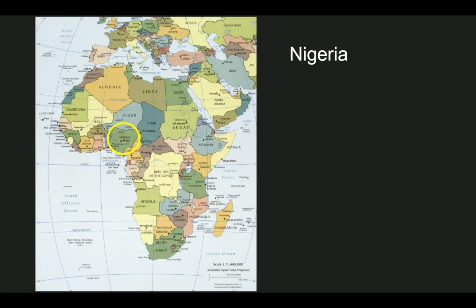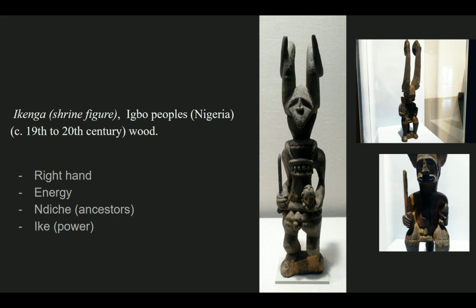Let's head to Nigeria, where we're looking at the Ikenga shrine figure of the Igbo peoples. Figures like this were for personal shrines of the Igbo people, some of the Benin people.